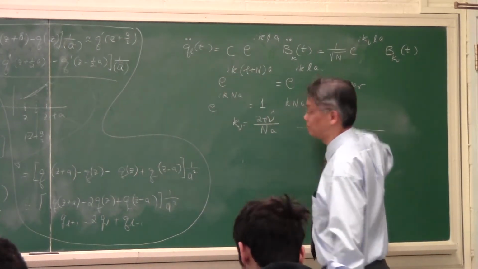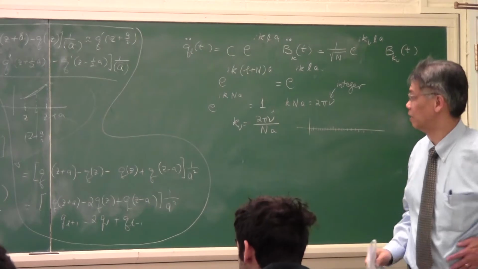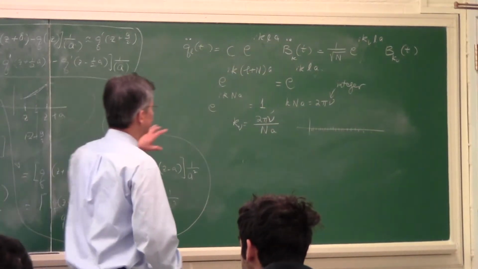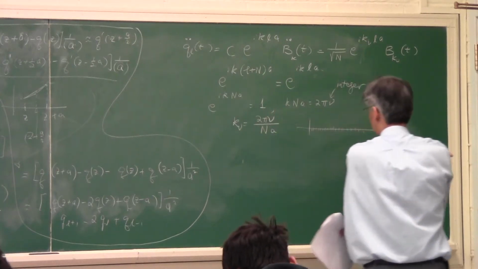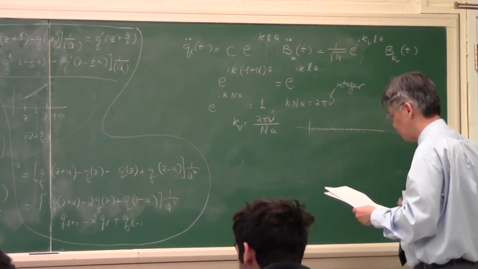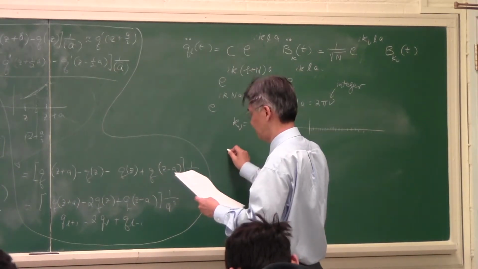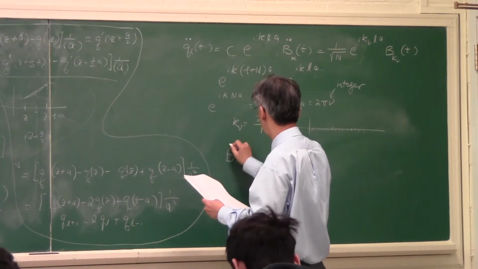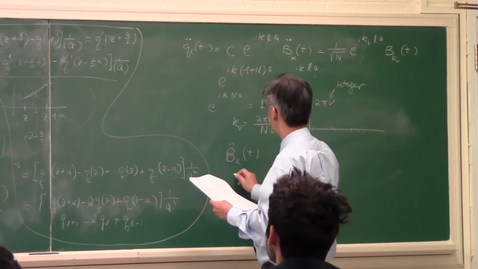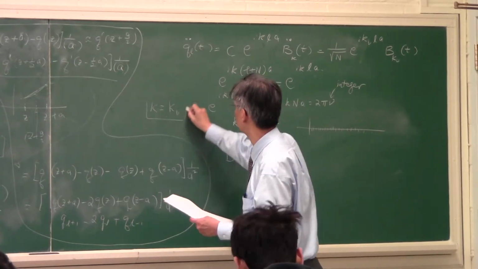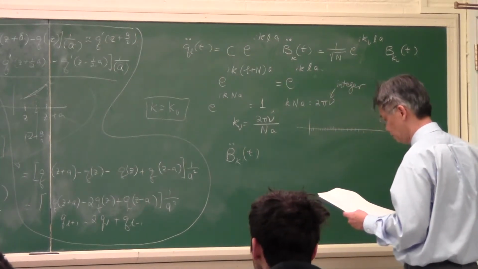So let's normalize by the number of particles that we have in a periodic chain. Okay, that would normalize the energy of the system. Now if you plug that in, the equation that we get is this new equation, b_k double dot t. I'm assuming that k is k_nu. I'm not going to distinguish the two.